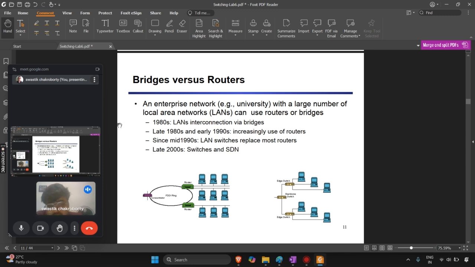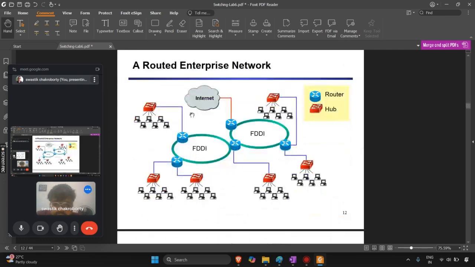These LANs of the various departments are connected together to the wider IIT network using enterprise bridges. Computers are connected to edge switches, and these edge switches are concatenated and connected via the bridges.